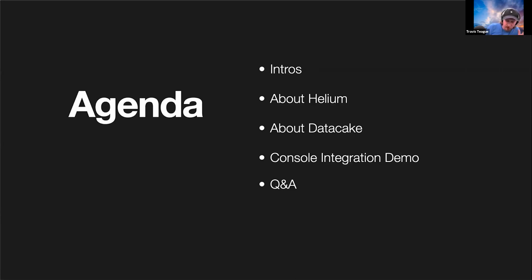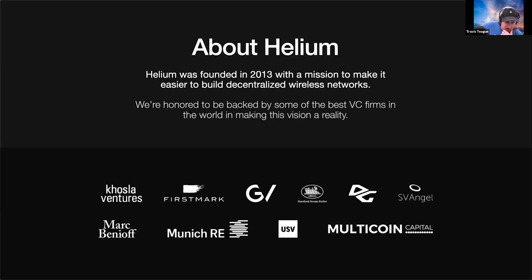We were founded in 2013 with the mission to make it easier to build a decentralized wireless network. Just over the past 18 months, we've absolutely been killing it on deployment. We're over 28,000 hotspots deployed worldwide, and this isn't just the US, we're pushing this globally.